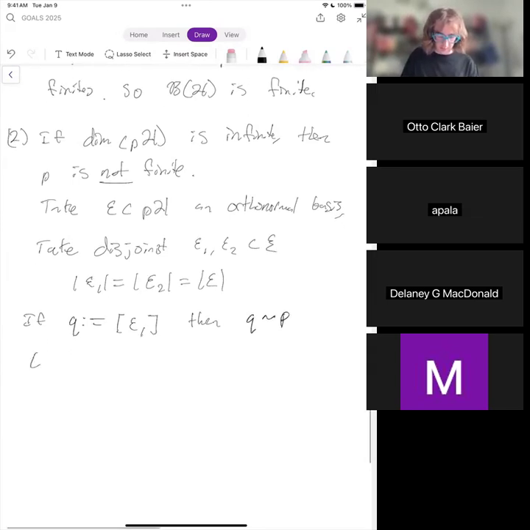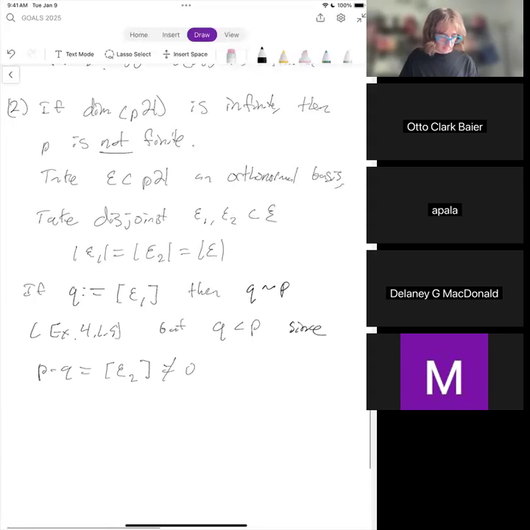So there's an exercise for this. But Q is less than P, and it can't be equal since P minus Q is then the projection onto the closed span of E2, and that's not zero. And right, so that shows that P is not finite.